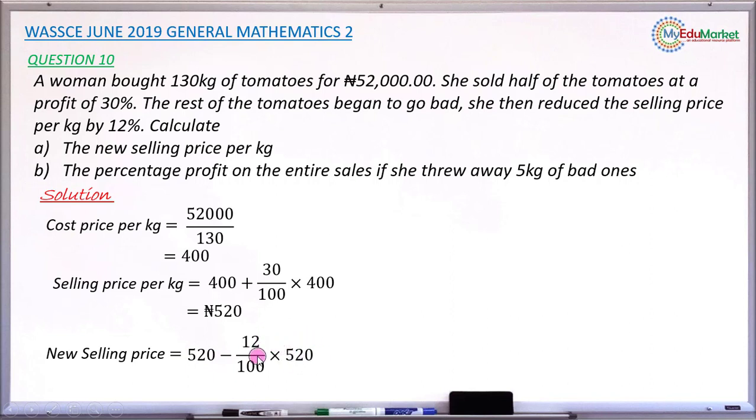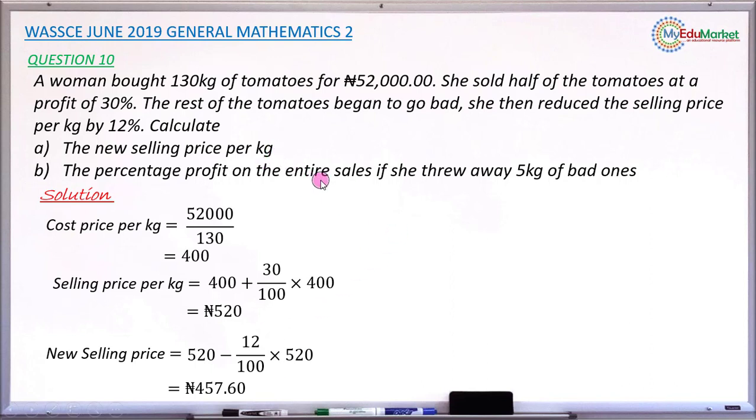So 12 over 100 multiplied by 520. Subtract the result from this 520. You now have 457 naira 60 kobo. This will be the new selling price per kg of the tomato. So with this, I have answered question number A.